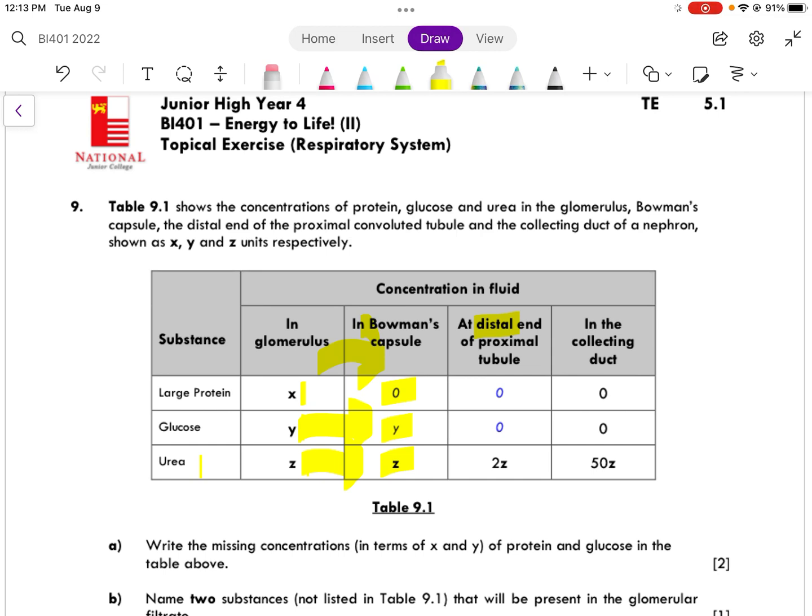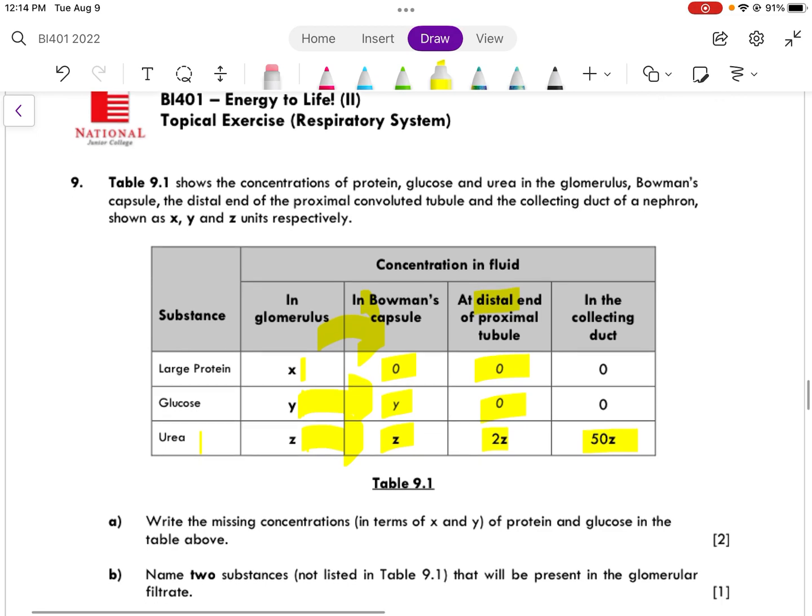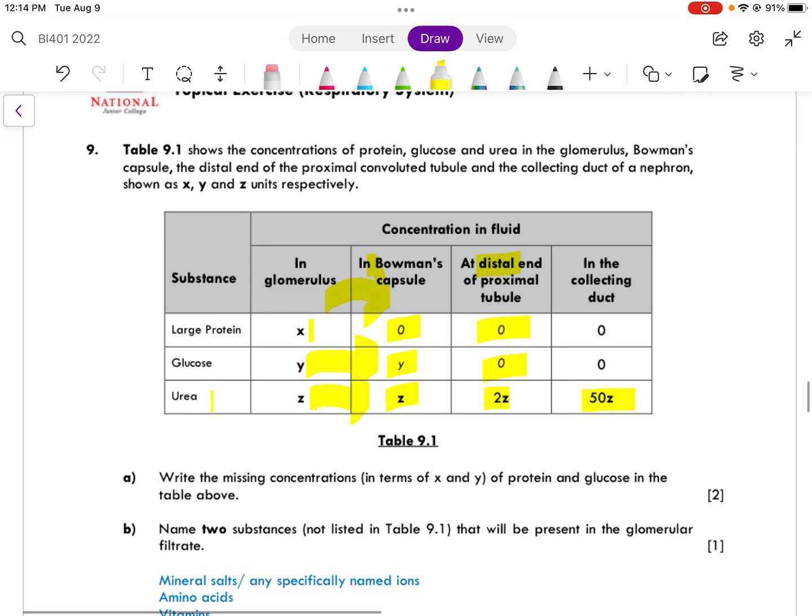What will you find left? You should still find no large proteins, and this time around you'll find 0 glucose, as it should be all reabsorbed by active transport. You find instead that urea concentration increases as we go along the nephron. That makes sense because more and more water is reabsorbed, so the concentration increases.